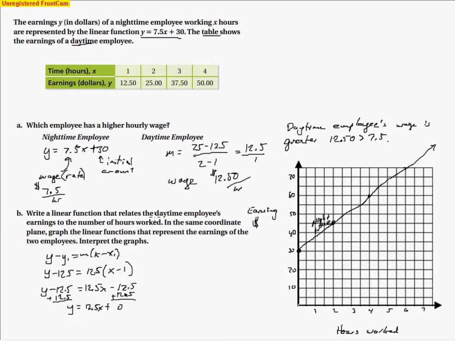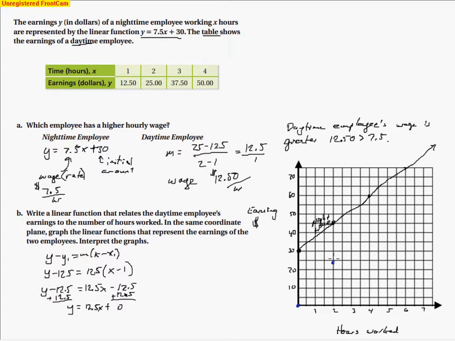And the daytime starts at the origin. And so we'll start there, and it's going up 12 and a half. So 12 and a half doubled is 25, and even that I have a hard time fitting on this graph. So after 2 hours, they earn $25, so it'll be about right there.